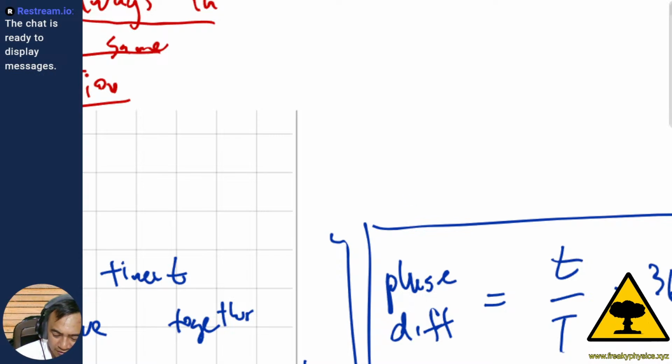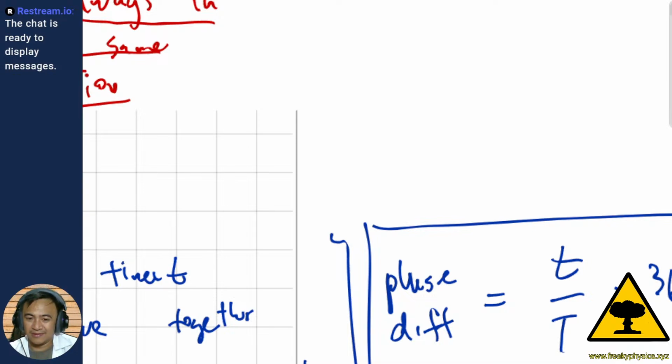In other words, if they're moving in perfect unison, the time they're moving together is also the period. So that's period over period times 360, a phase difference of 360, which is the same as a phase difference of 0.